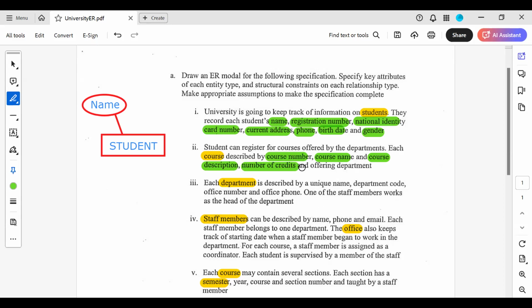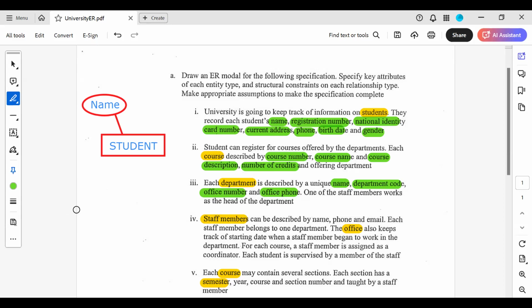And offering department. You can put this as an attribute, but since we have a department, you don't have to have it as an attribute. For the time being we can highlight it, but since it comes from the department, we can make it a relation. Then we have department, we have name, we have a department code, office number, office phone.